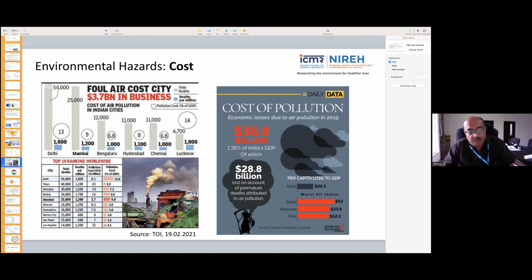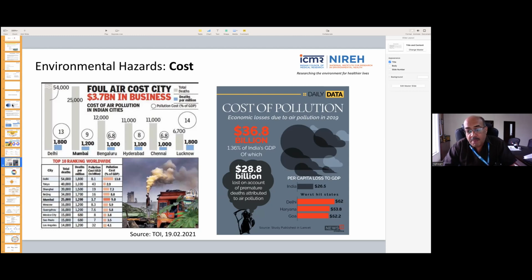It is present everywhere across the globe, be it Tokyo, Shanghai, or Beijing. They are losing a certain proportion of their GDP on tackling air pollution cost. When we see India, 1.36% of India's GDP is lost due to air pollution, and a major chunk is because of death attributed to air pollution.